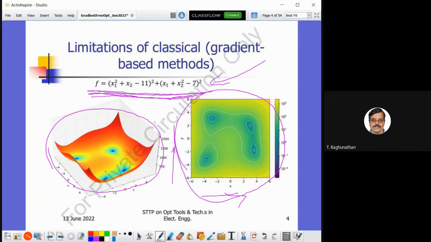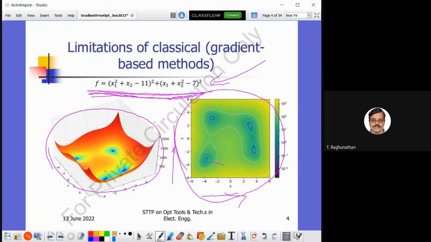Contours are closed curves that join points of the same function value. The bluer color is the lower value; as we go in RGB, the red color is the highest value. The lowest values are blue in this.